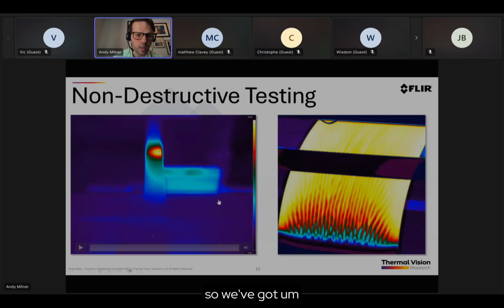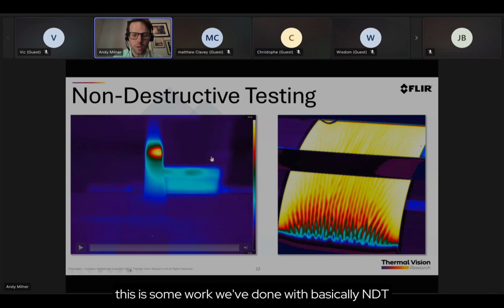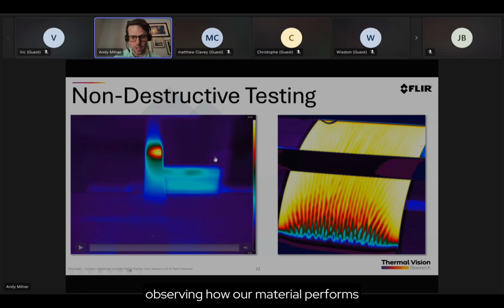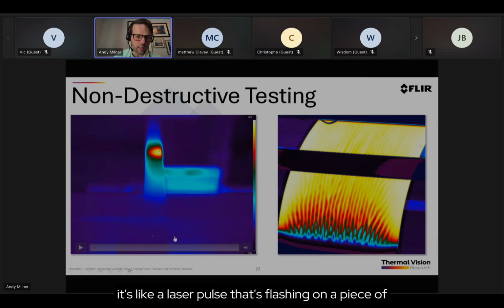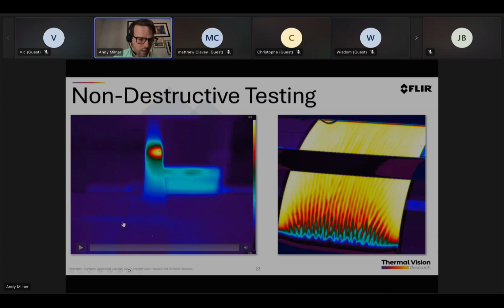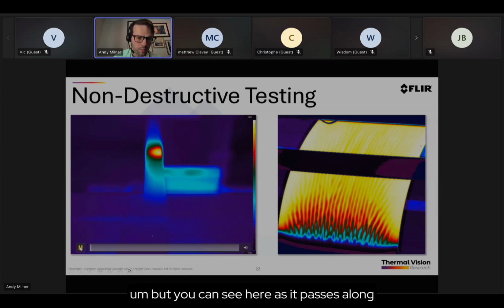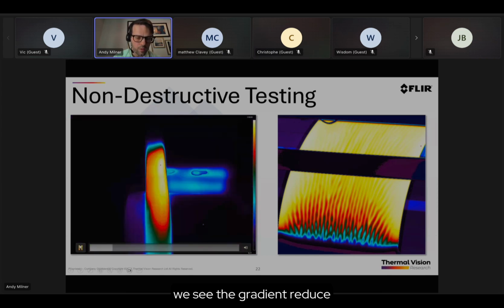What else have we got here? This is some work we've done with NDT, observing how a material performs when heat is flashed on it. Here, it's like a laser pulse that's flashing on a piece of material. I have to keep the customers hidden. But you can see here, as it passes along, we see the gradient reduce.